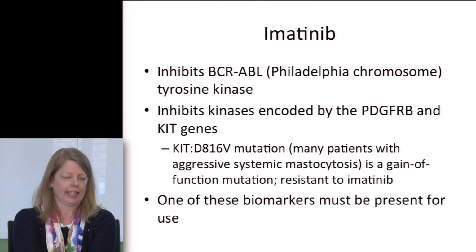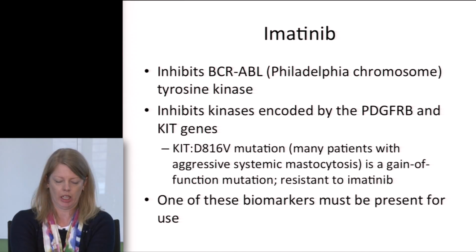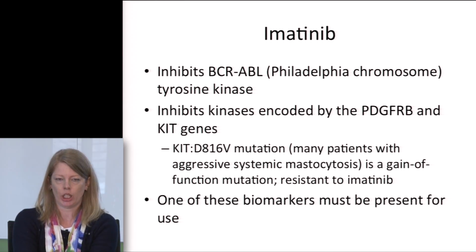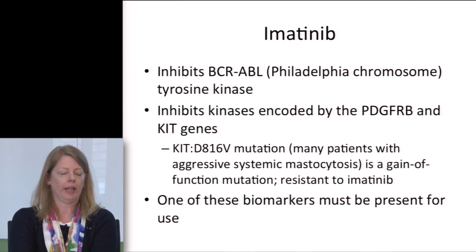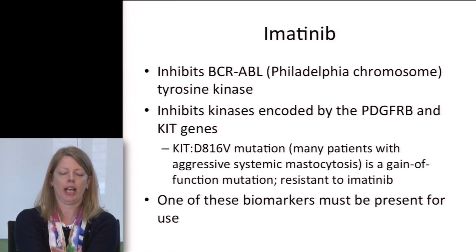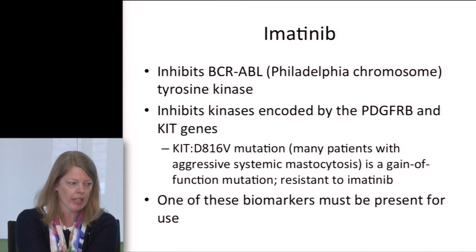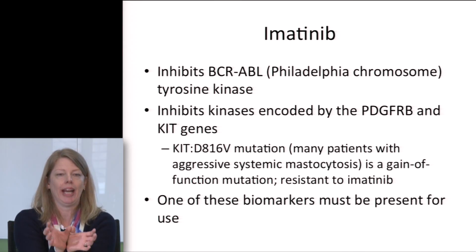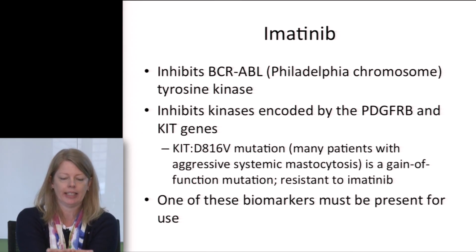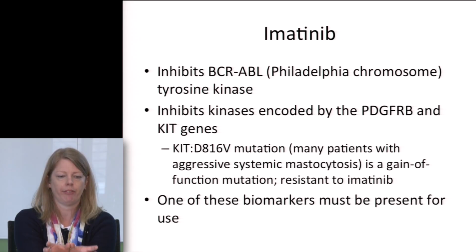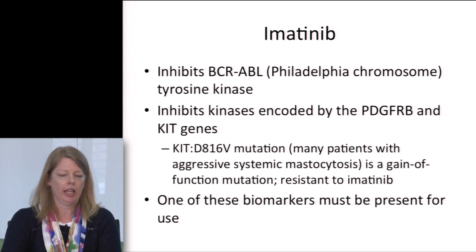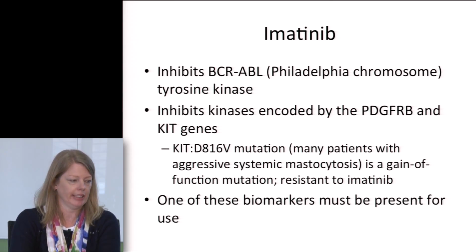That creates a fusion of two different genes that were on two different sections of the chromosome, the BCR gene and the ABL gene. When the translocation happens, you get a fusion of those two genes together. This BCR-ABL tyrosine kinase is responsible for part of the phenotype of the tumor. So this particular drug inhibits that tyrosine kinase.